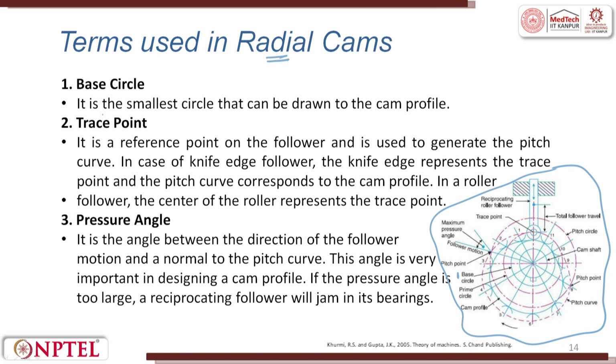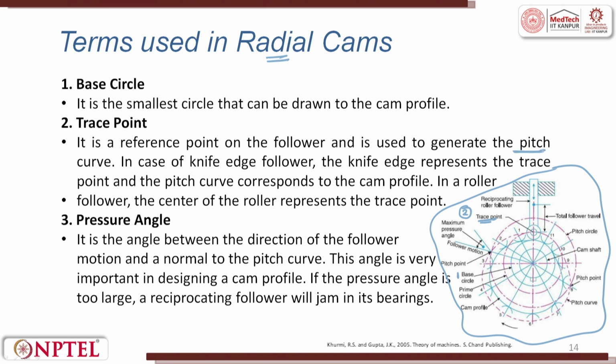Base circle is the smallest circle that can be drawn to the cam profile. Trace point is the second thing we are talking about. It is a reference point on the follower and is used to generate the pitch curve.